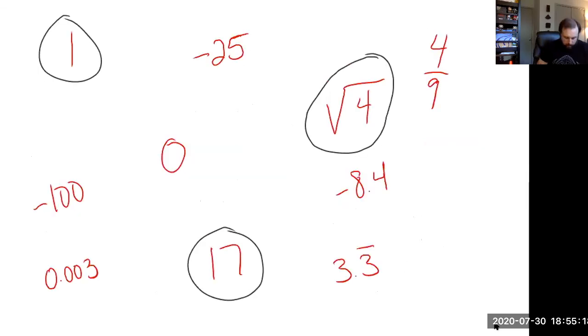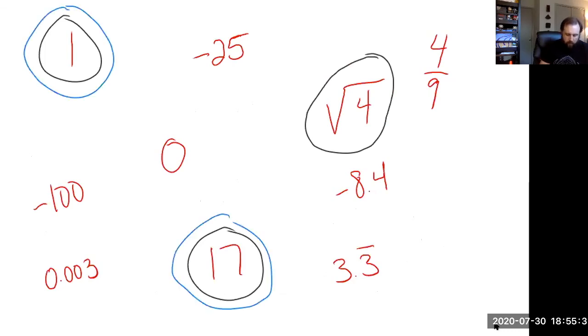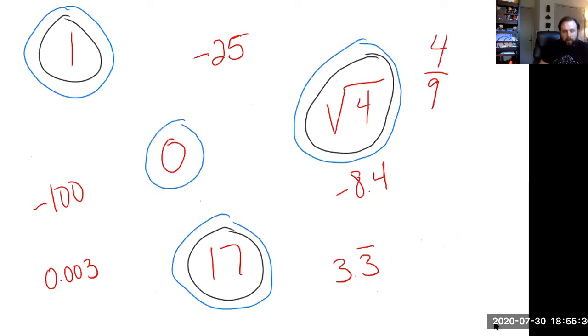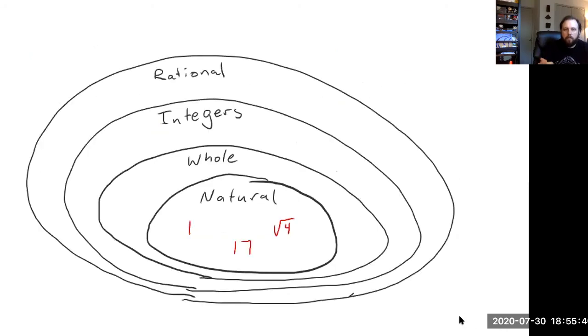Now, if I look back here, the whole numbers now include 1, 17, square root of 4, but I'm also going to add in 0 now. So our whole numbers add in 0.